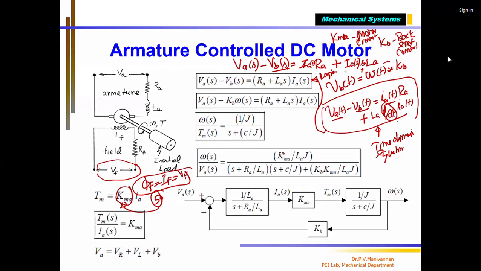D by dt is represented by S in the Laplace domain. S into LA, as the LA comes in. So this is called the Laplace domain.